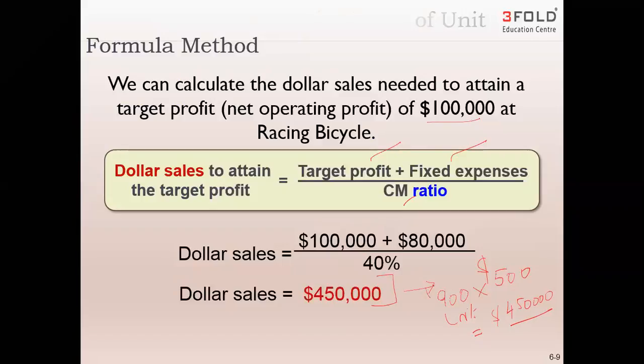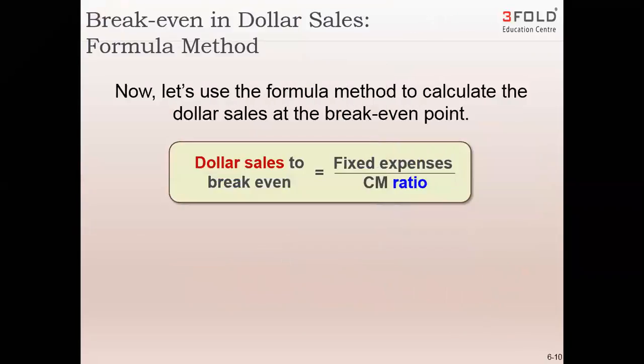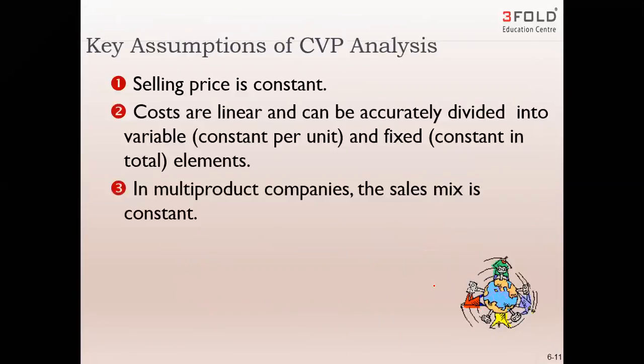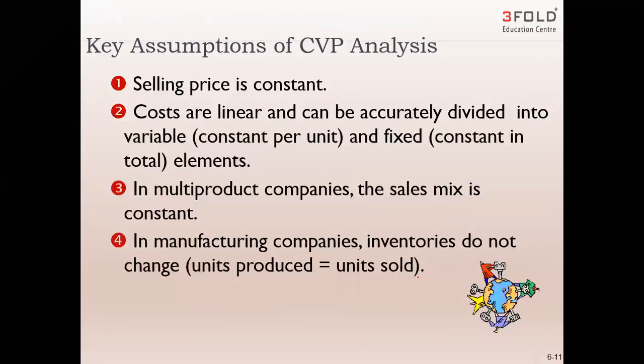Okay, we have seen the dollar sales to break even. This formula I've explained already, and this is something which you can just recap at this point. And some of the assumptions related to break even are very important to keep track of.